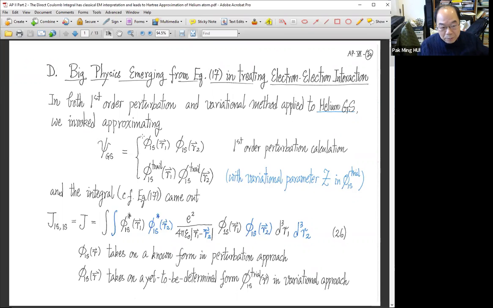In the first order perturbation, the ground state energy is written as a product of the hydrogen-like 1s, and this phi 1s takes on a known form because we are doing perturbation. The unperturbed Hamiltonian is defined. Therefore, this is known, okay? But motivated by that, we also did a variational calculation in which this trial wave function carries a Z to be determined.